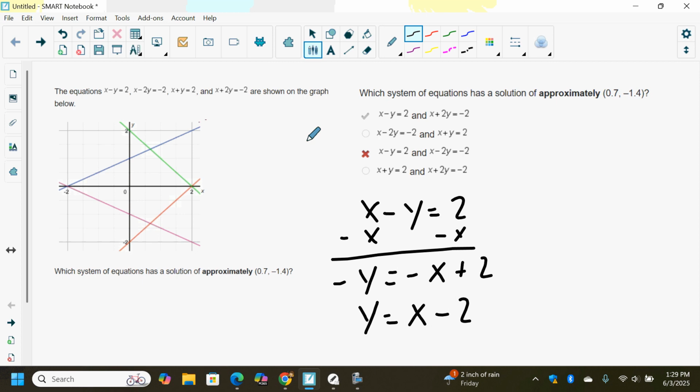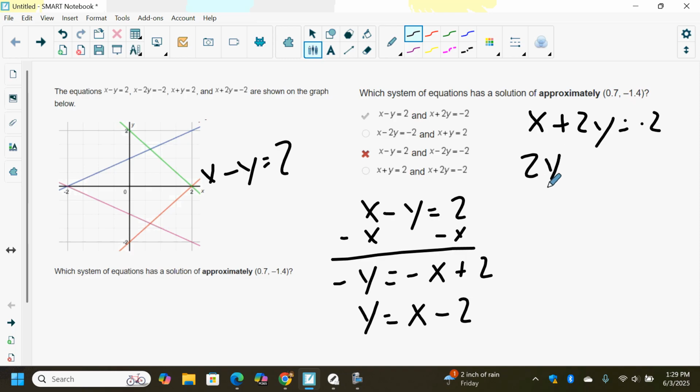Looking at it wrong. So this one is x minus 2y equals 2. And then x plus 2y equals negative 2. We're going to get 2y equals negative x minus 2. So y is going to equal negative 1/2 x minus 1. So negative 1 is right here, and up 1 over 2, so that's this pink one right here.